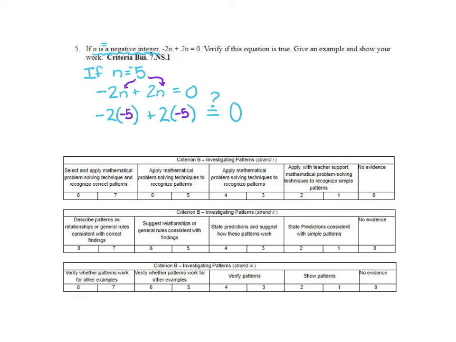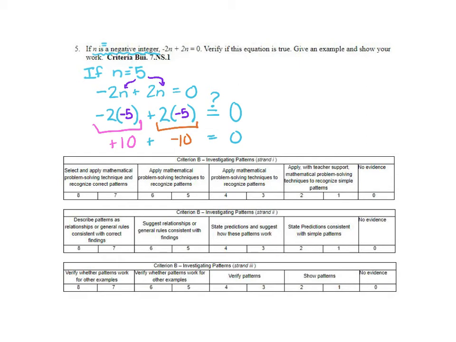So negative 2 times a negative 5 is a positive 10, because a negative times a negative is a positive. And then 2 times a negative 5 is a negative 10. And I am still adding here. So I have a positive 10 plus a negative 10, and we're wondering if that equals 0. Well, I know that if I have the same amount of positives and negatives, they cancel each other out.